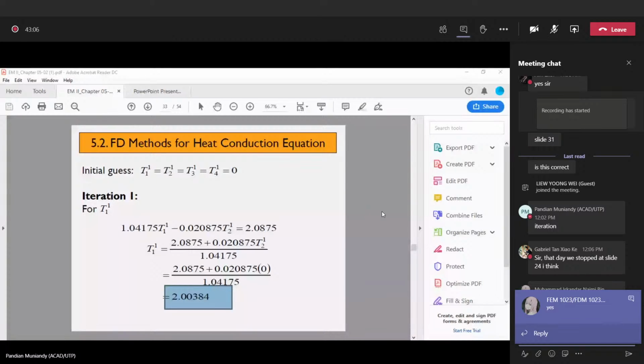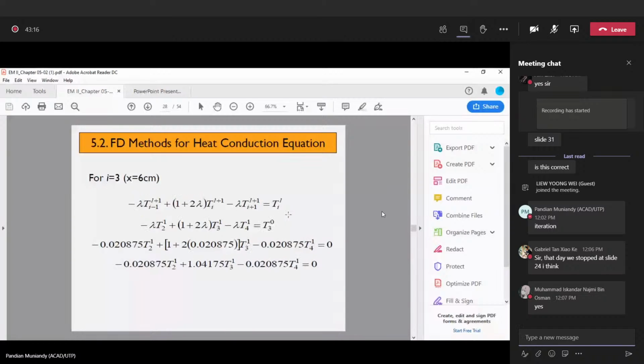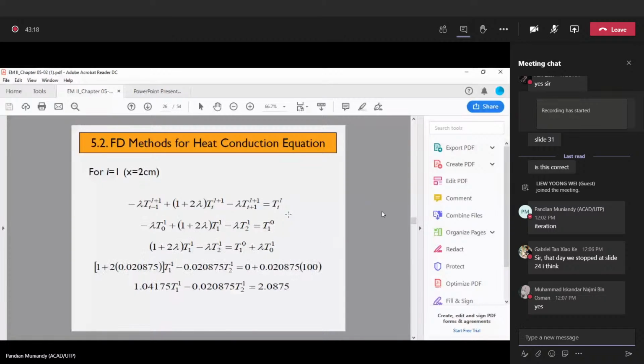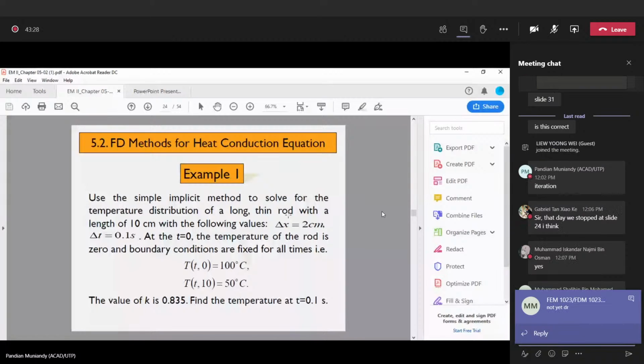Yes, sir, I'm here. Somebody said slide 24. I think we already continued, right? Somebody said slide 24. Is there slide 24? Which one is correct? Where should we start?